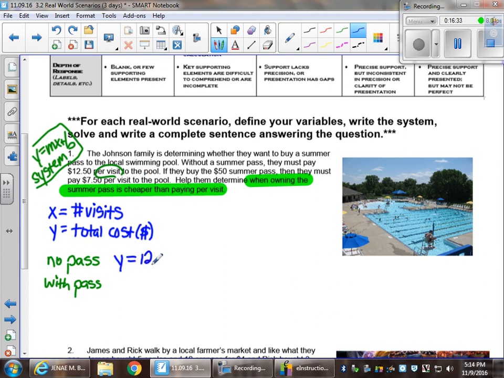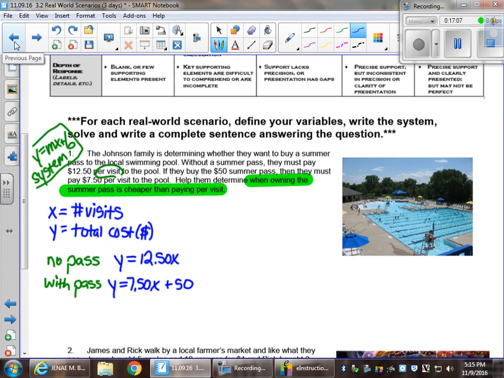So y equals 12.50x. How about with a pass? With a pass, if they buy, ooh, look, that pass costs $50. If they buy the $50 summer pass, then they must pay $7.50 per visit. So you pay $7.50 per visit, but you also have to buy that pass, which is $50 flat rate. We have our system. We're ready to solve.